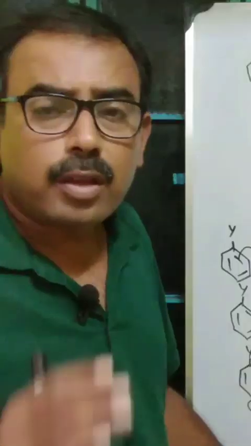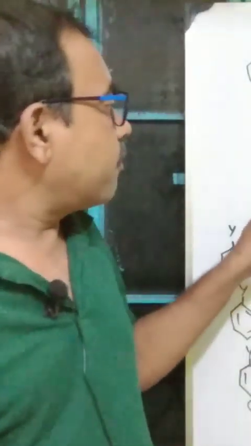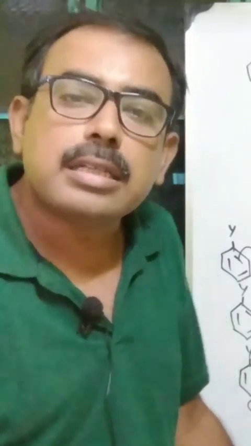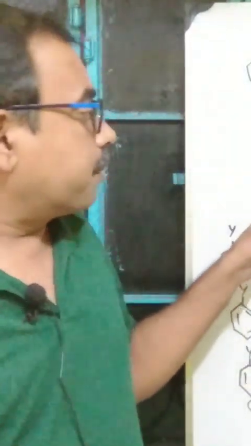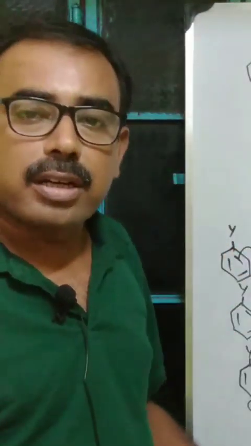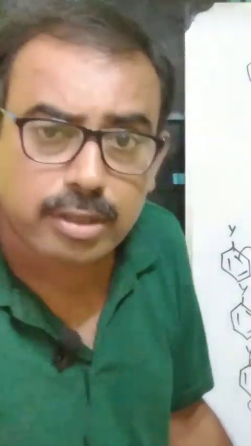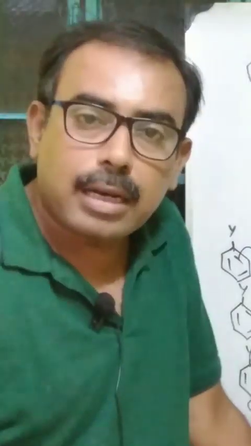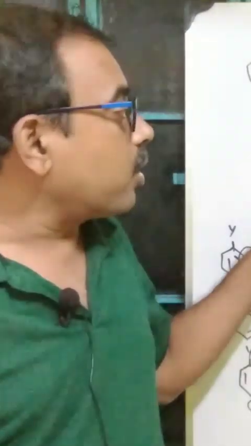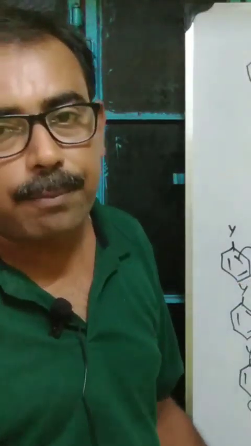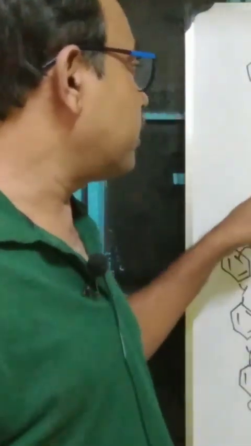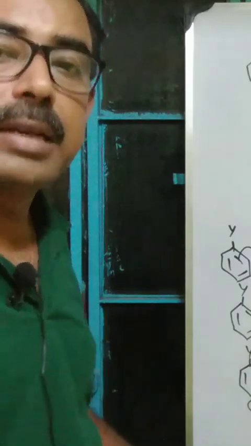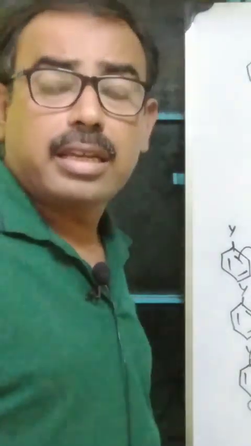Okay, so what we know is, if the substituent already present in the benzene ring has a plus I inductive effect, then in electrophilic substitution reactions the incoming electrophile will go to the ortho and para positions with respect to the substituent already present. Now what happens if the group already present has a minus I inductive effect, like NO2?